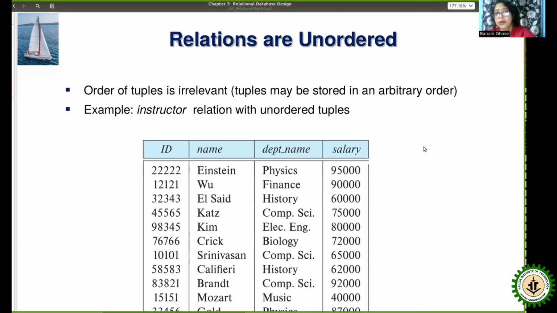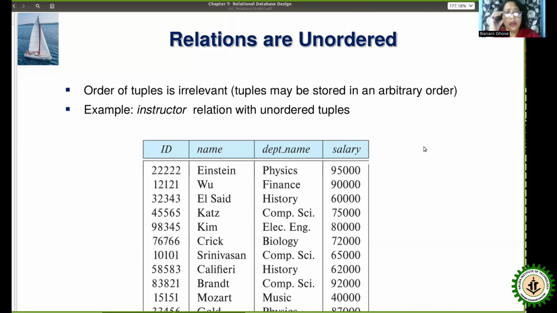Now coming to the relations. In a relational data model, you can see that the data which are inserted into the table is not sorted. So unsorted data may be populated in the database. Why unsorted data?